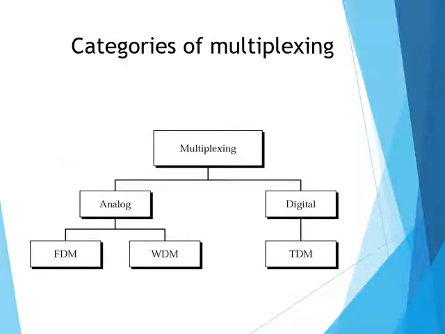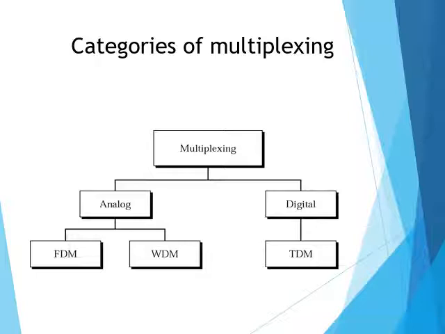Categories of multiplexing. Multiplexing can be divided into two, because it depends on the type of signal. We have two types of signal, analog and digital. For different types of signal, we use different techniques. For analog signal, we have two techniques.